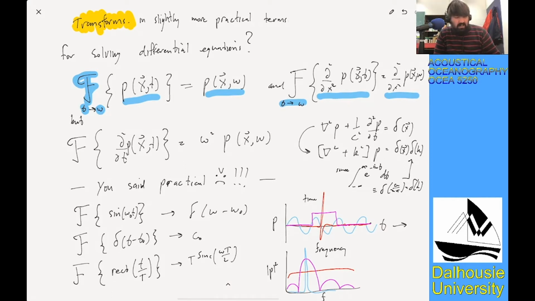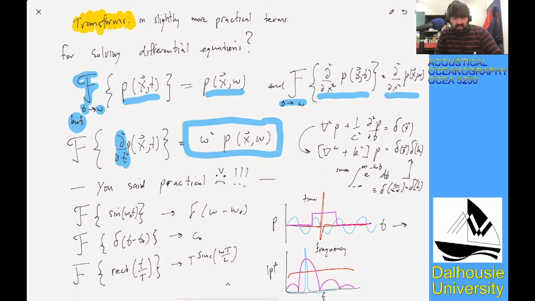But the big but here is that if we apply the Fourier transform from the time domain to the frequency domain to the time derivative of our function, we get this really wonderfully simple thing: omega squared, right? That's the domain we're transferring to, times the function.